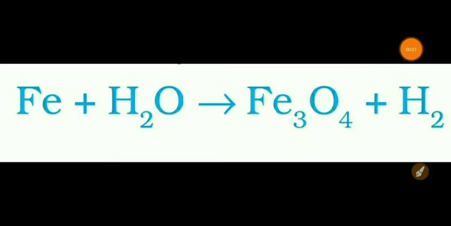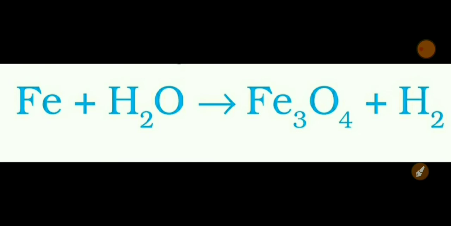Let us try to balance the following chemical equation, when the iron article reacts with water to form iron oxide and hydrogen gas. Iron is Fe, water's molecular formula is H2O, forms iron oxide, that is Fe3O4, along with the formation of hydrogen gas.